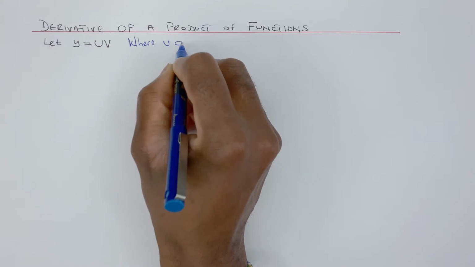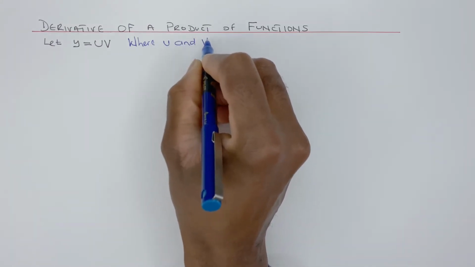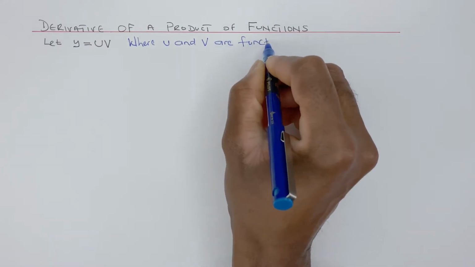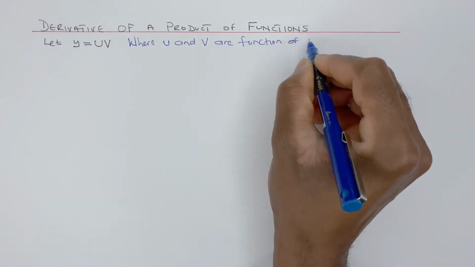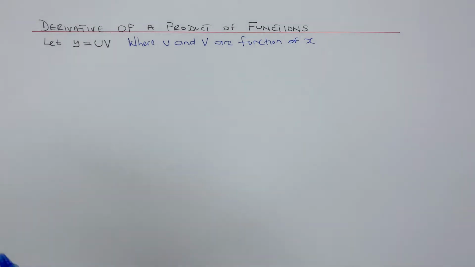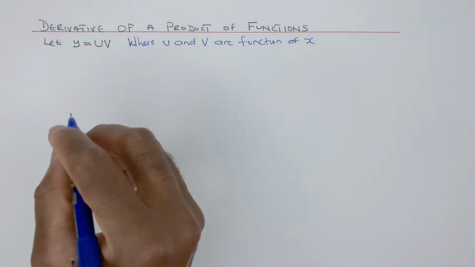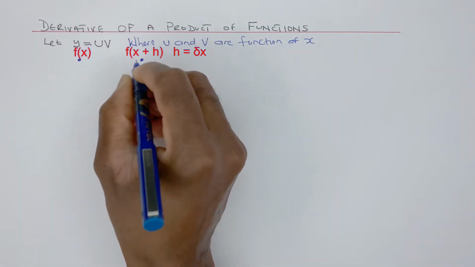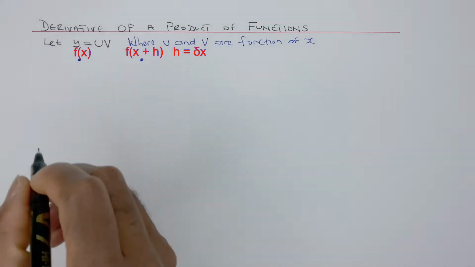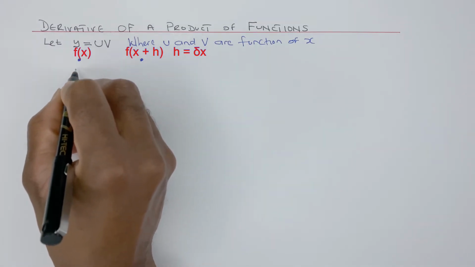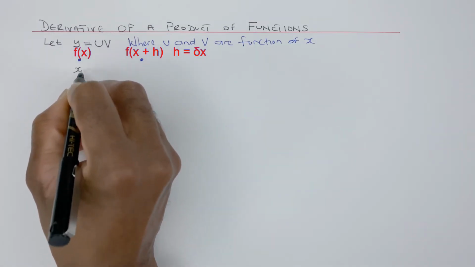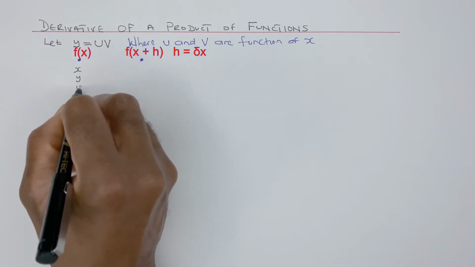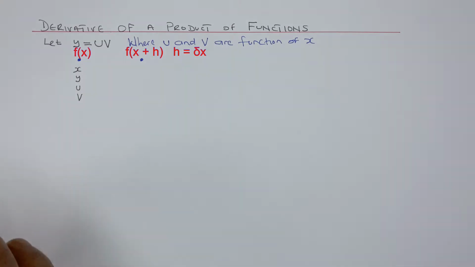u and v are functions of x. So we always have 2 points when we work on things. Let's say for the first and the second point, we just want the difference between them. At this point here, we've got x, and then we have y, u, and v.